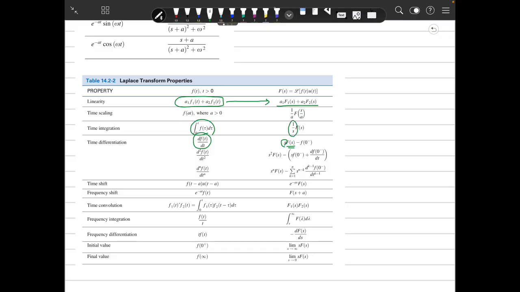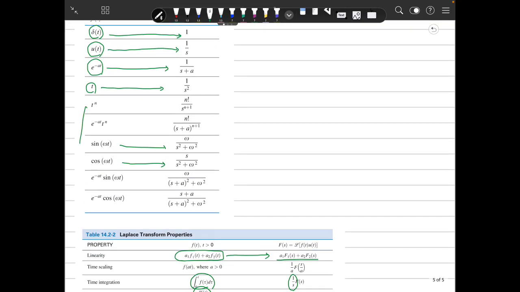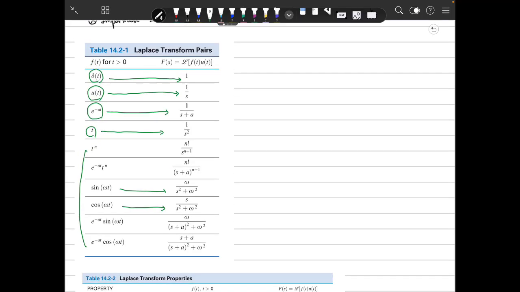Quite great. For the time shift, instead of t, we insert t minus a. Then we just add exponential minus as in the Laplace formula. When you study the Laplace transform at first, you need to exercise transforming these fundamental functions, and then you need to use the table.